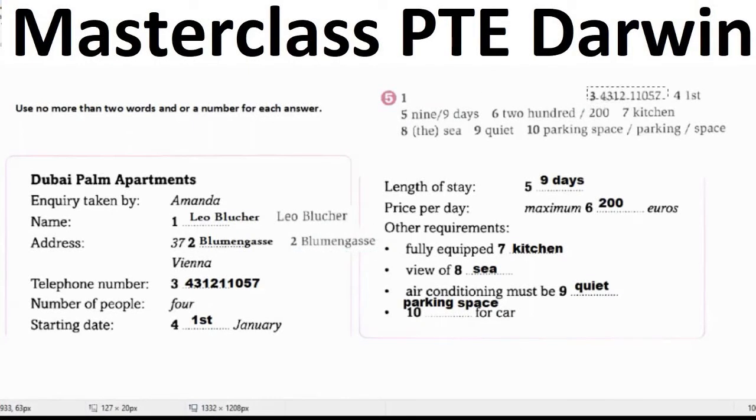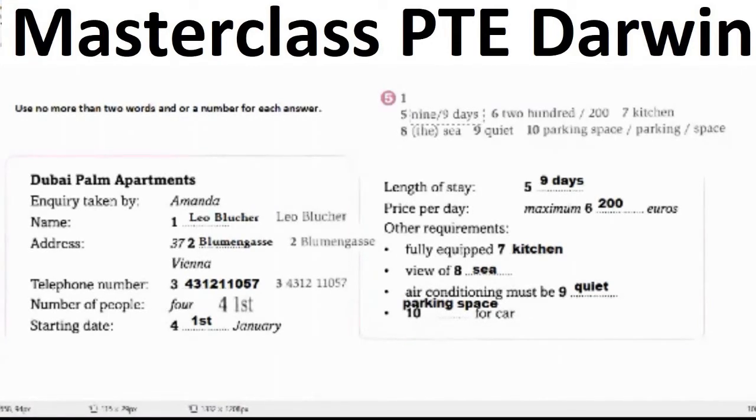Number three is 1st of January, correct. Number four, we can write numerical or with letters. We can write both. Both are correct.